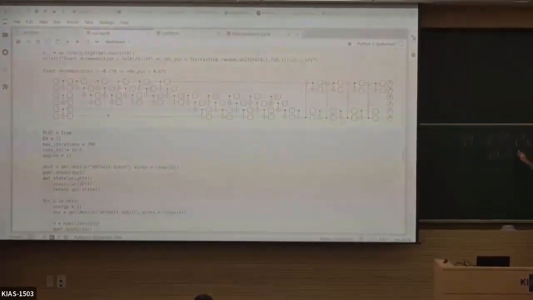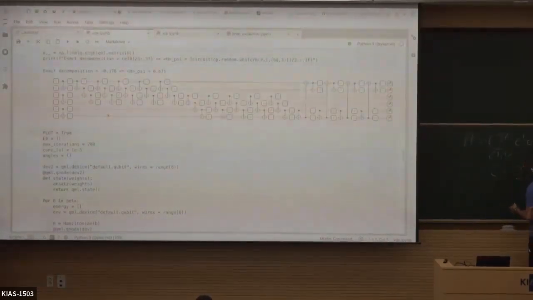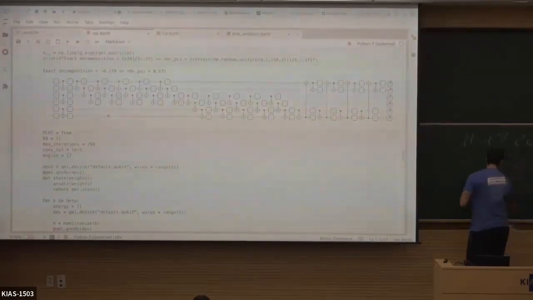In order to represent these, because as you said, these are basically Weyl fermions, I need to write them in terms of the Jordan-Wigner transformation. When you do the calculation by hand, if I remember correctly, it will become something like Pauli Z i times sigma minus, and C dagger will become sigma plus.